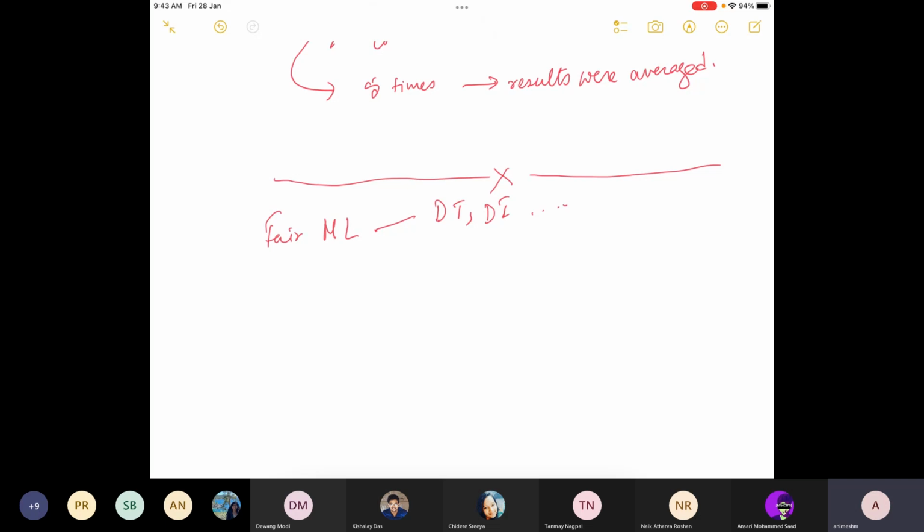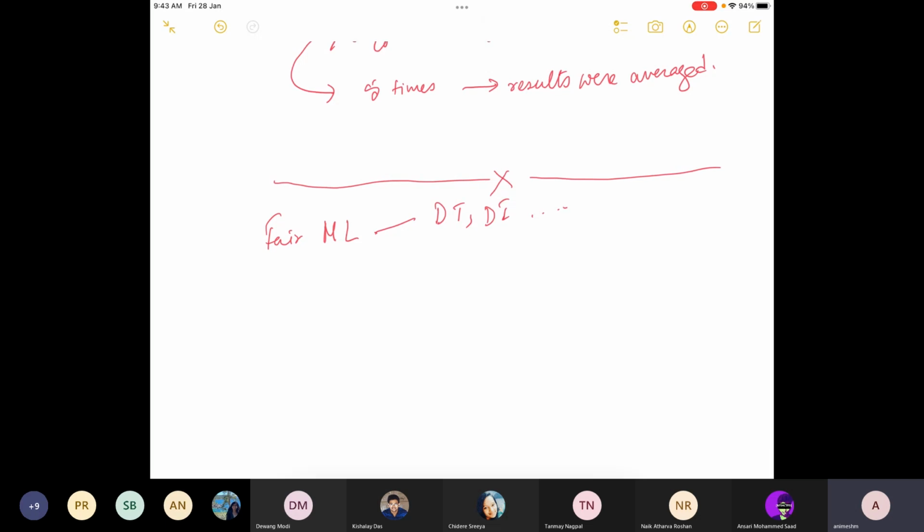Okay, so now in the second part of this topic, we will talk a little bit about embeddings, and in particular word embeddings.